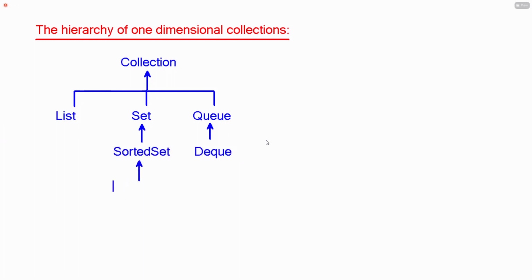Navigable set. Next, the hierarchy of two-dimensional collections.